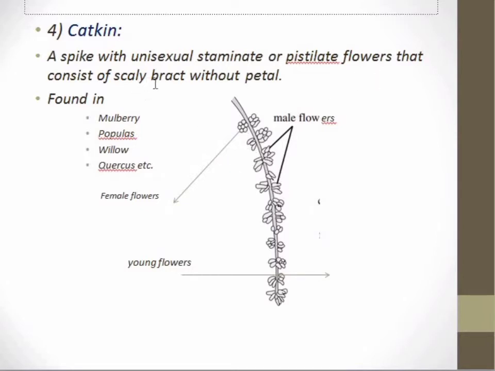They have scaly bracts, and petals, the colorful part of the flower, are absent, so they are apetalous. Found in mulberry, Morus, Populus alba, willow, Salix babylonica, Quercus, etc.